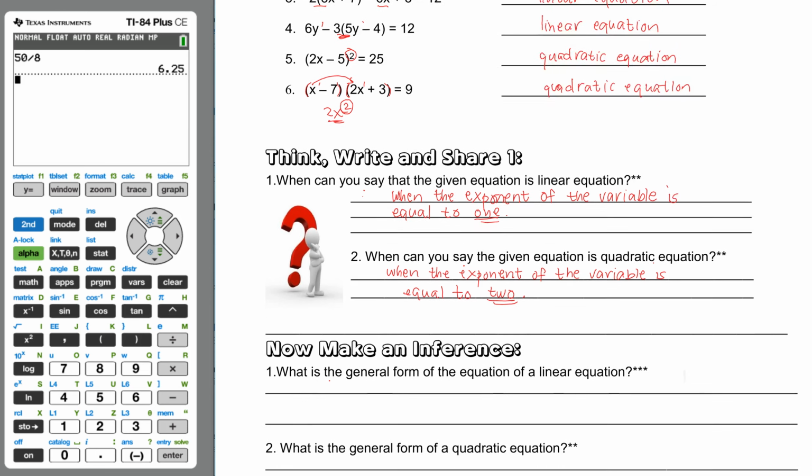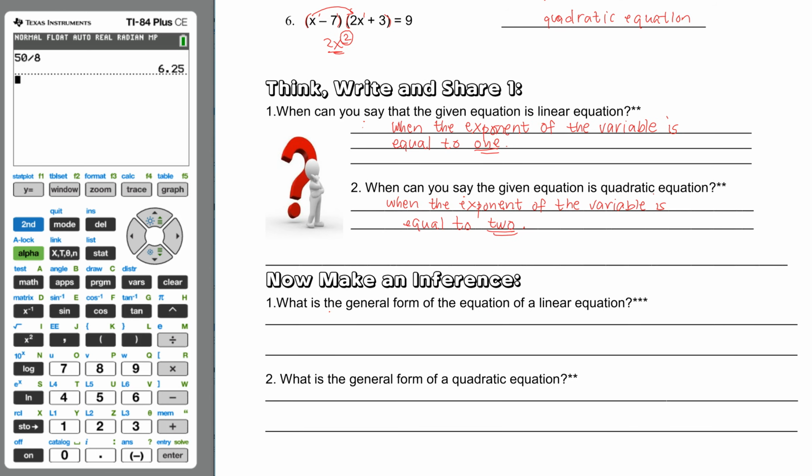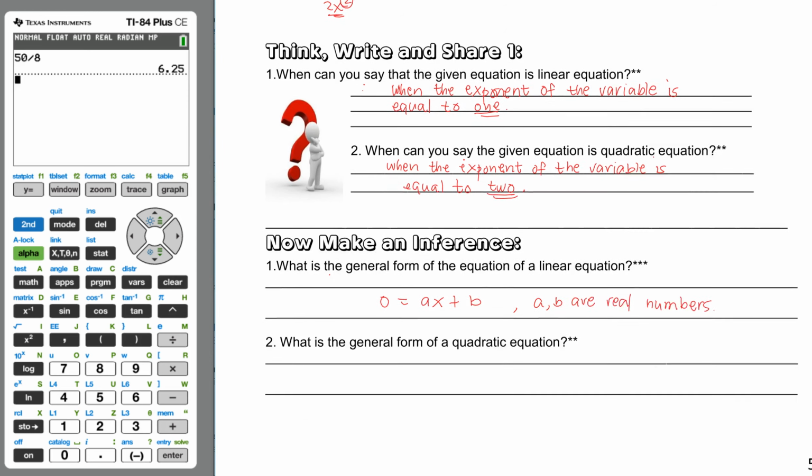Okay, let's now make an inference. What is the general form of a linear equation? I would say 0 equals ax plus b, where a and b are real numbers. So that will be the general form.